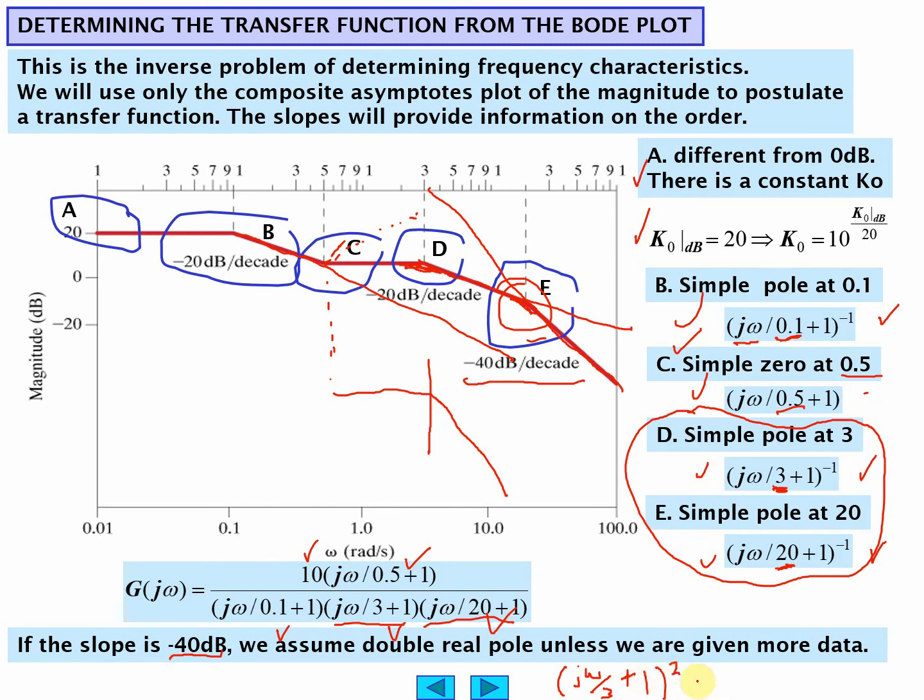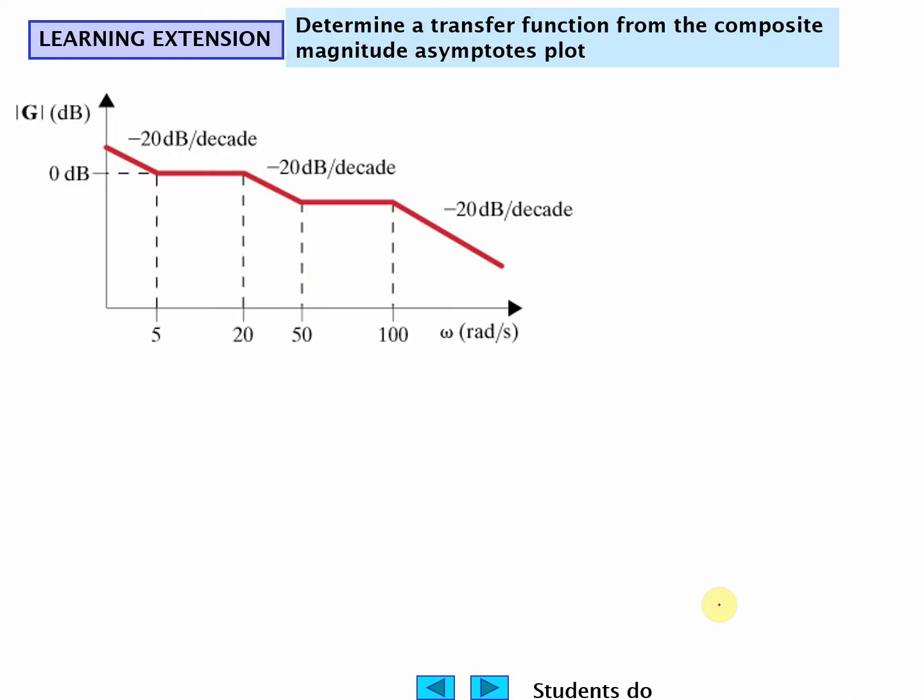So 40 dB per decade suddenly at one point. This is not sudden. It goes down to 20 and then it goes down to 40. But if it were sudden, you'd have this situation. Okay, your turn.